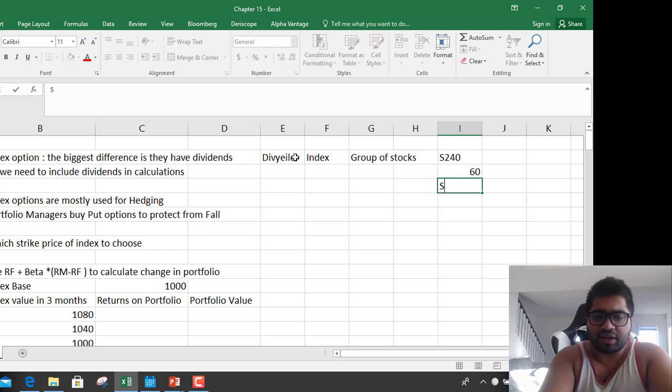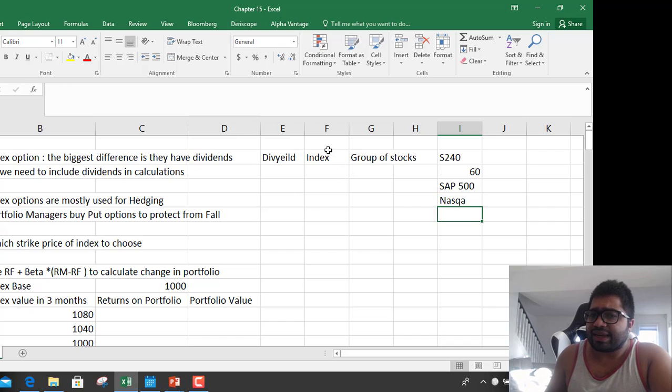In America you have the S&P 500 that has 500 stocks, and let's say the NASDAQ 100 that has 100 stocks. So an index is a group of stocks, a portfolio. Examples: the Canadian TSX Composite or TSX 60, the S&P 500, the NASDAQ in the United States.